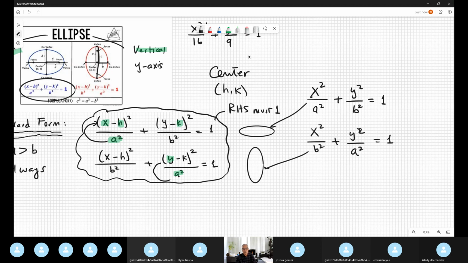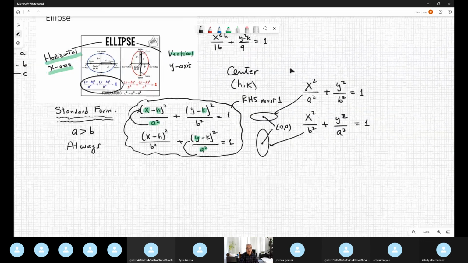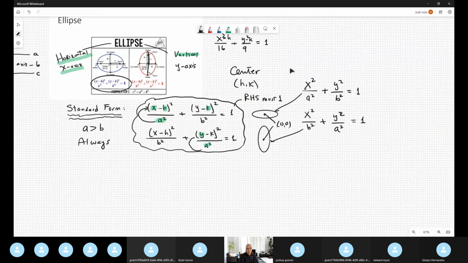The only difference is that this center is located at the point 0,0. Cool? Okay, so for the moment, that's the theoretical part of the ellipse. I promise that we are doing 1, 2, 3, 4 examples. Immediately, we will discuss the theoretical part of the parabola and the hyperbola, little by little.